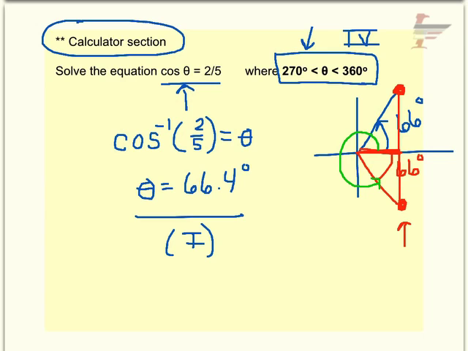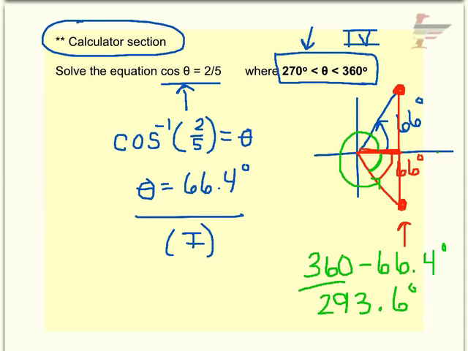Probably the easiest way is to take 360 degrees and subtract off the 66 that I don't want. So 360 degrees minus 66.4 degrees, I get 293.6 degrees, and that is the angle that I want.